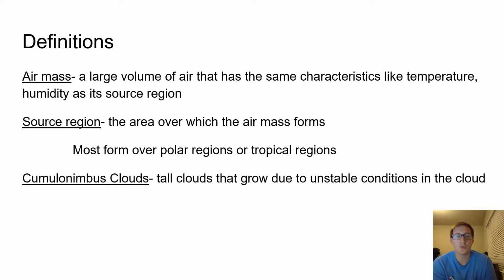Next, we have cumulonimbus clouds: tall clouds that grow due to unstable conditions in the cloud. Basically, it just keeps accumulating all this moisture and all of this condensation, and eventually leads to the precipitation that falls in a thunderstorm.